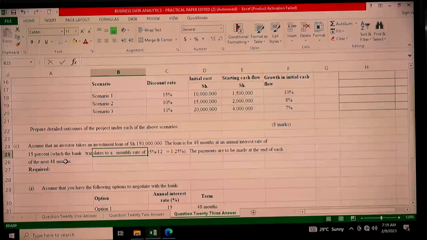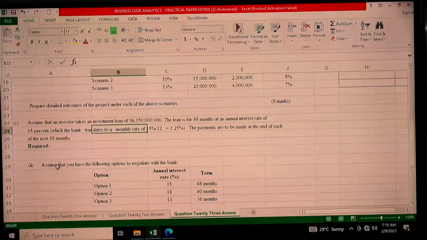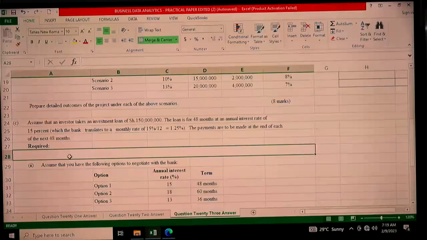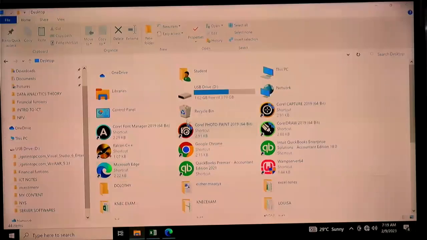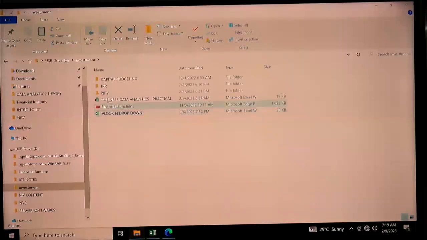That was the question. And now here you are told to assume, okay, there is something missing here. Question Roman 1 is missing. The question Roman 1 was actually, you are supposed to calculate the monthly payment for the loan. So you can check that question from the past paper. Just a minute, let me check.